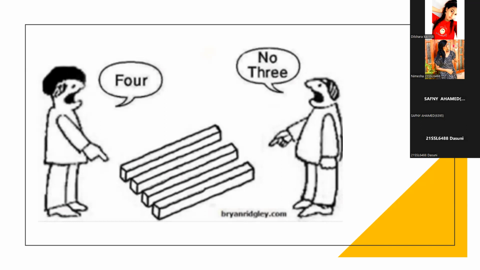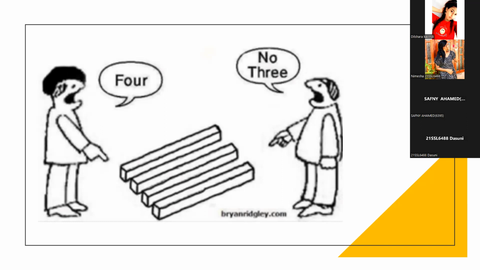Yeah, some questions are complicated, right? Some situations are complicated. In this situation, both the answers are correct. But the positions when we are standing on, we cannot see the other side.